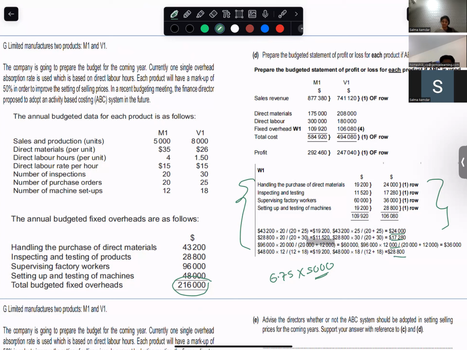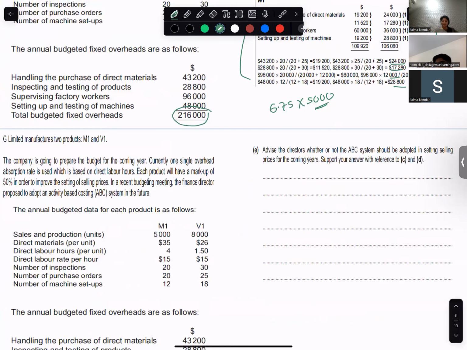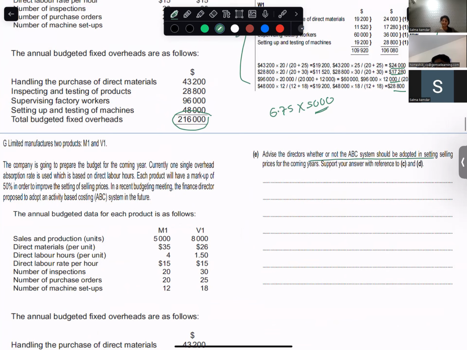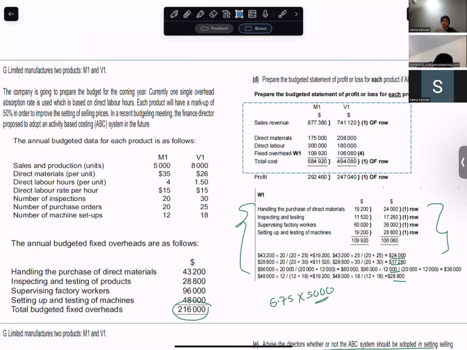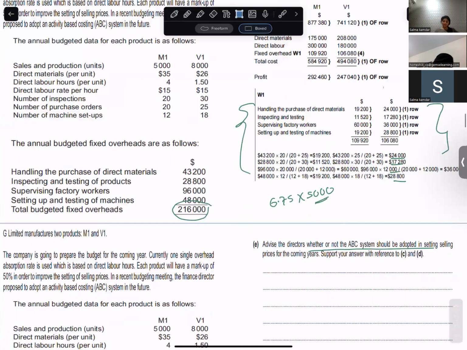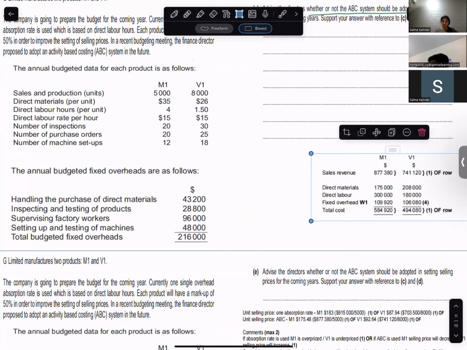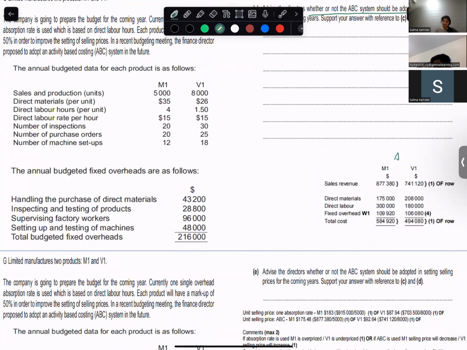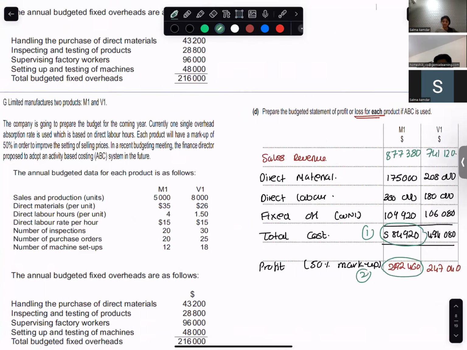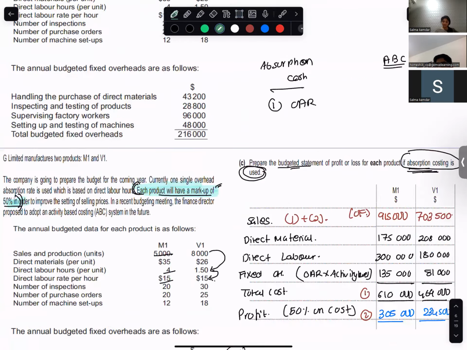Correct. So advise the directors whether or not the ABC system should be adopted in setting the selling price. This is our budgeted statement of profit and loss as per which costing? The ABC costing.